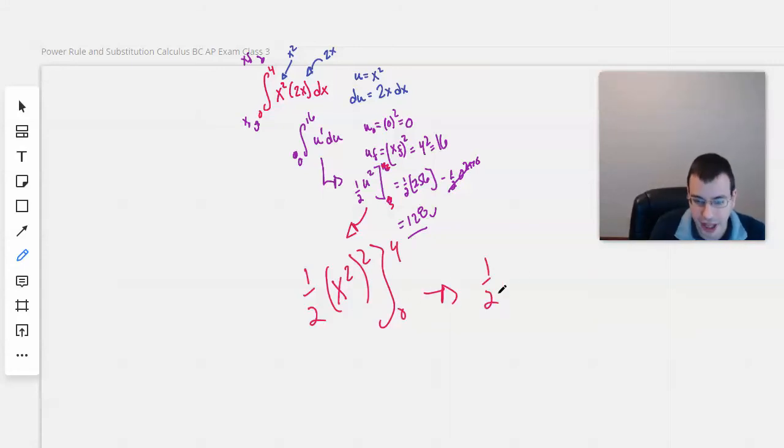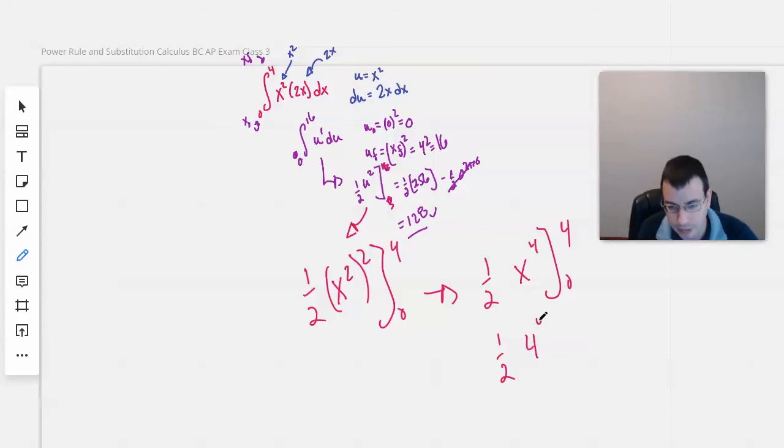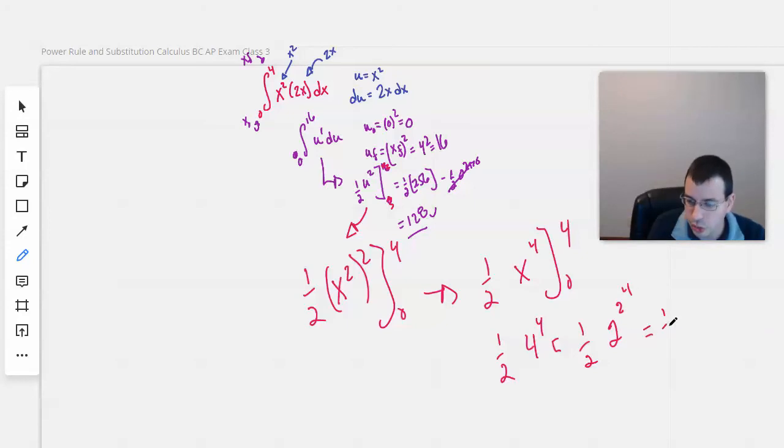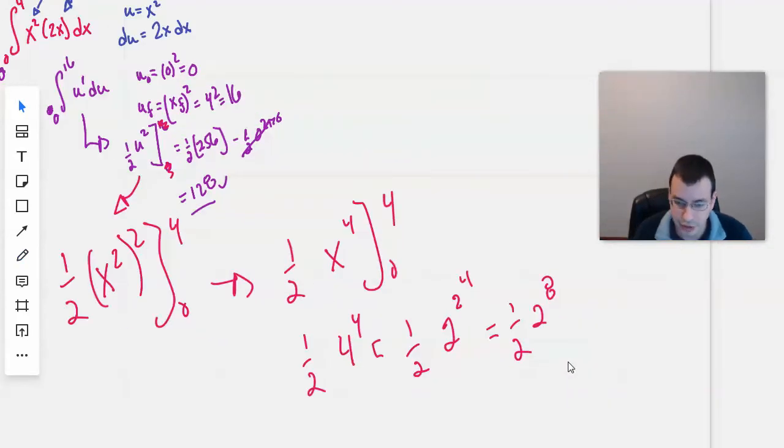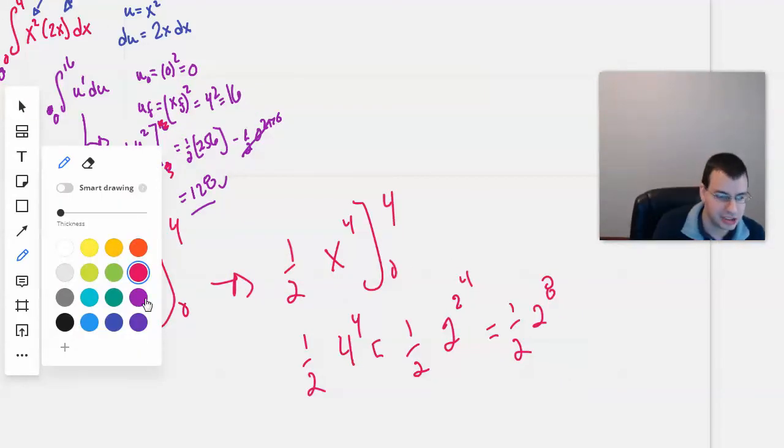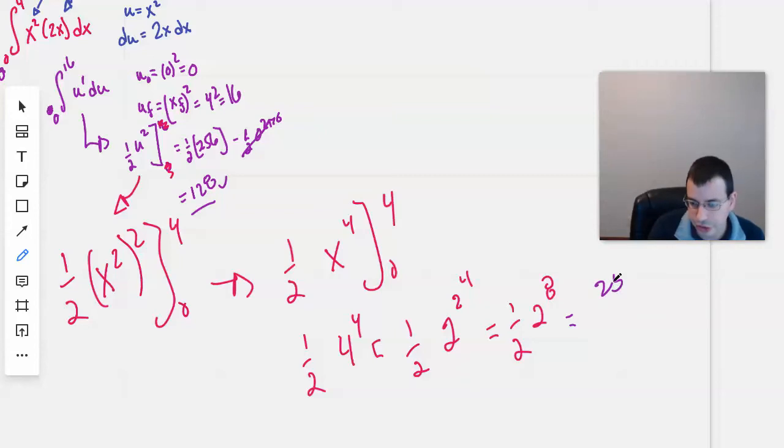Then we have 1/2 x to the 4th from 0 to 4, which is 1/2 times 4 to the 4th, which equals 1/2 times 2 squared to the 4th, which is 1/2 times 2 to the 8th, which I know from previous forays into Wolfram Alpha is 256. 256 over 2 is back to our original answer of 128.